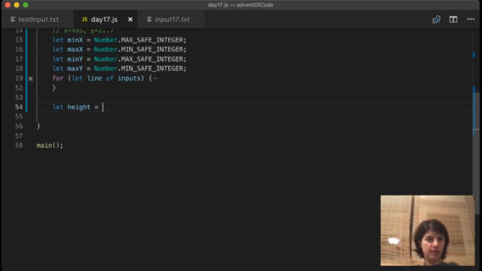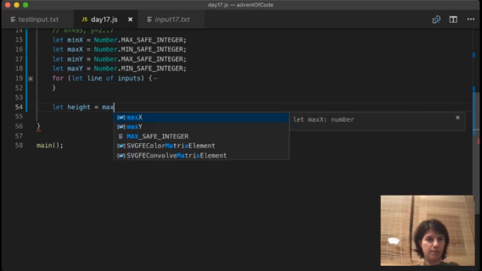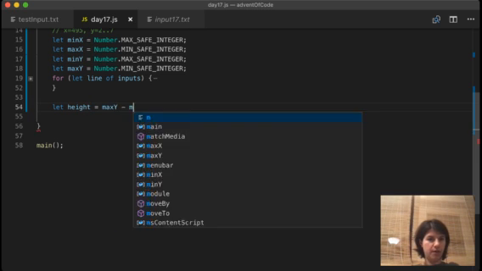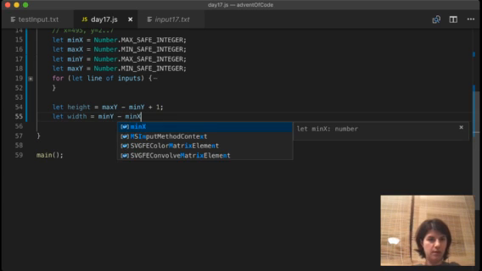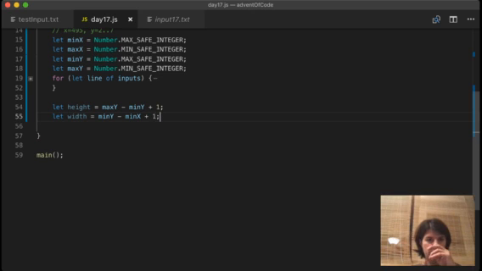Let the height be max y minus min y, and then we need to add 1, because if the max and minimum were both 0, then the distance would be 0, but we'd have 1 row, the 0th row. And width is equal to max x minus min x plus 1.